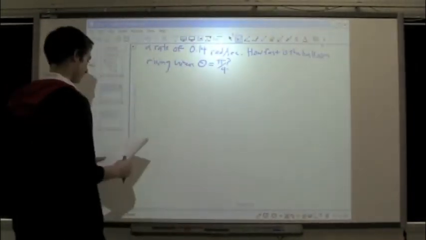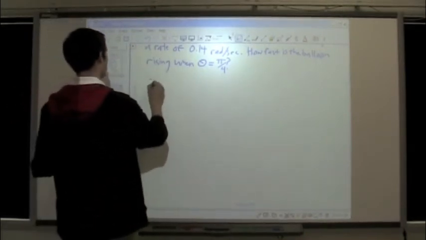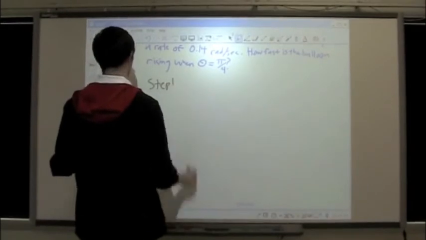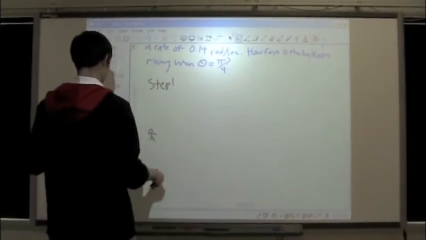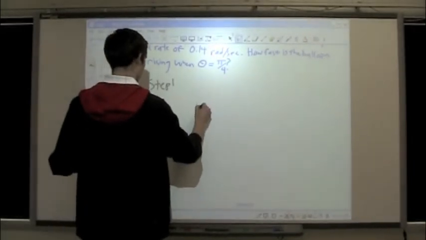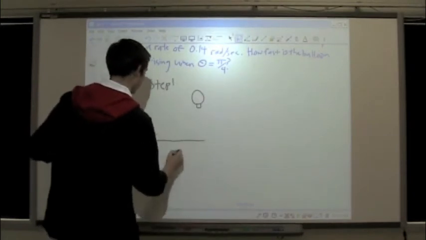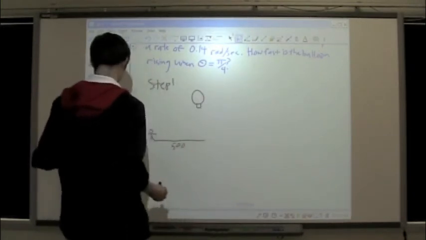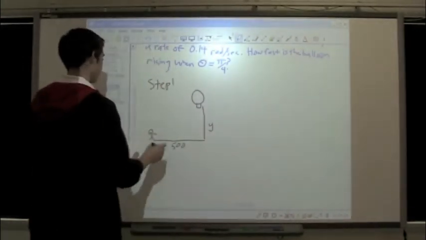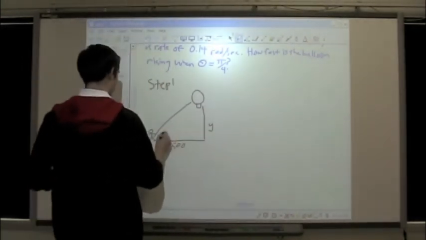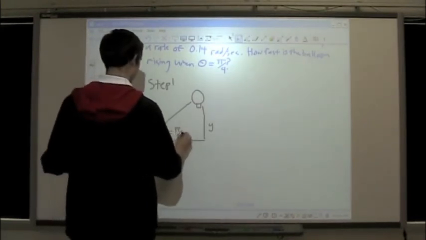Okay, so when doing related rates, the first step is always to draw a picture to make things clearer. So here you are, and there's a balloon over here, and it's 500 feet away horizontally, and we don't know how high it is because it's constantly rising, and we know theta is equal to pi over 4 at the instant.